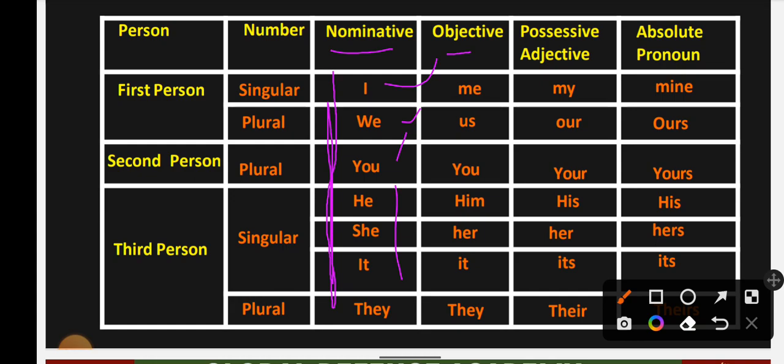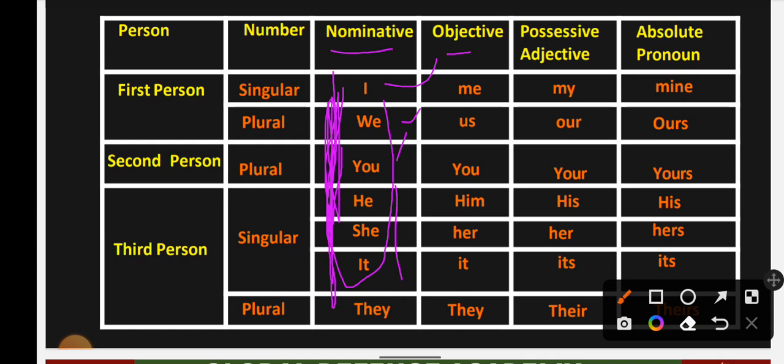First one is, what is nominative case? Generally, this slide is based on case. Then, what is nominative? Where do you see these words used in a sentence? You must have seen this.